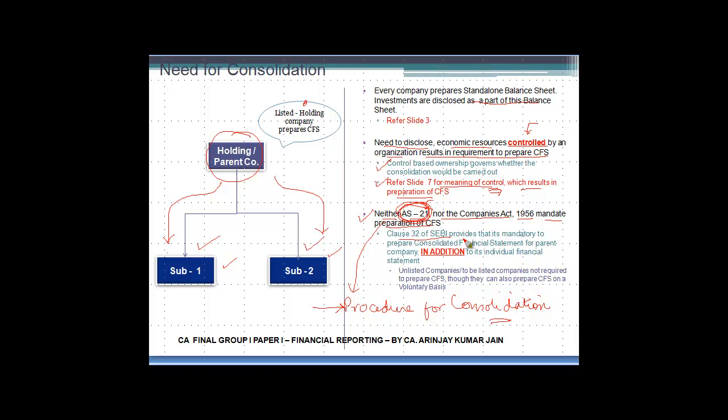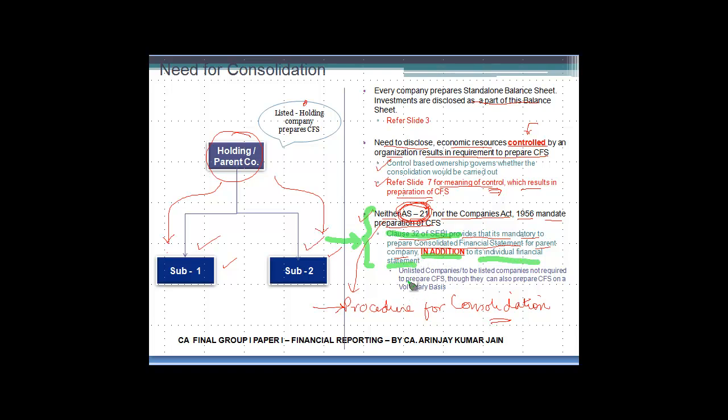Clause 32 of SEBI provides that it is mandatory to prepare consolidated financial statements for the parent company. So the requirement to prepare CFS comes from clause 32 of SEBI, in addition to its individual financial statements. Now, interesting. This means that CFS or the consolidated financial statements have to be prepared in addition to the individual financial statements.